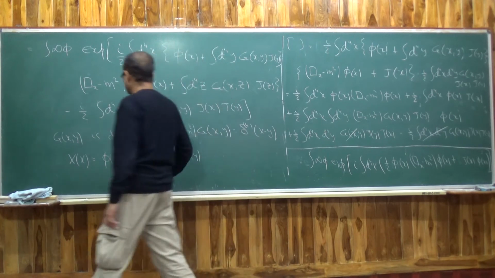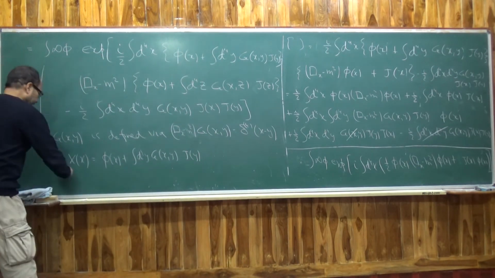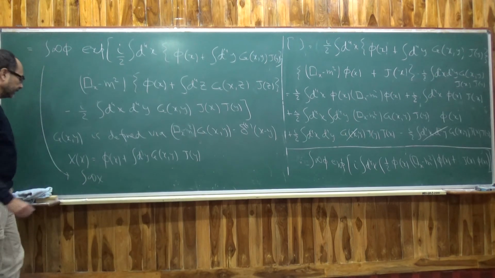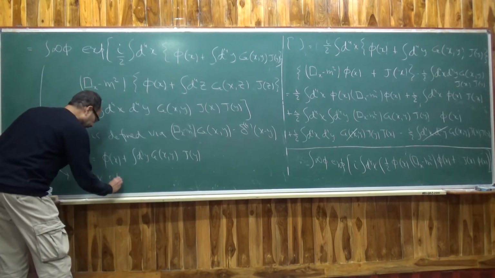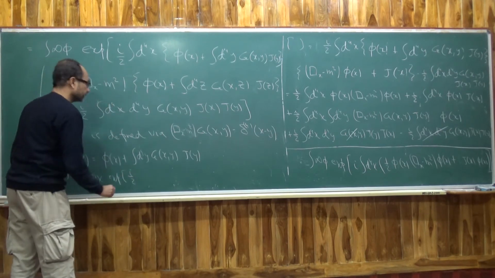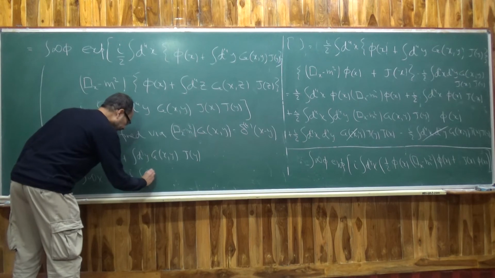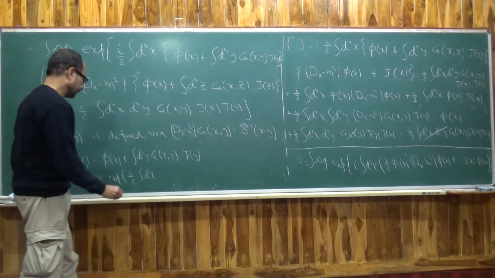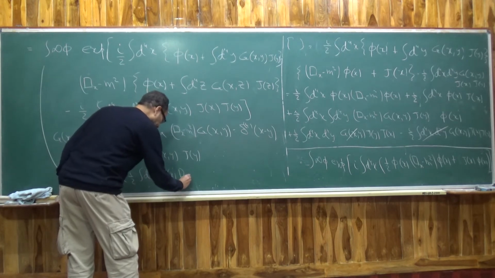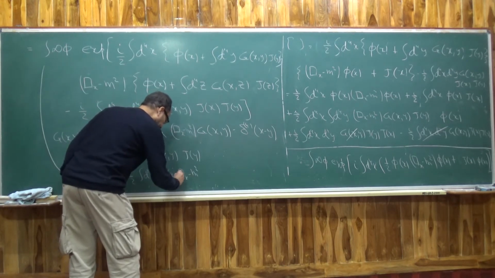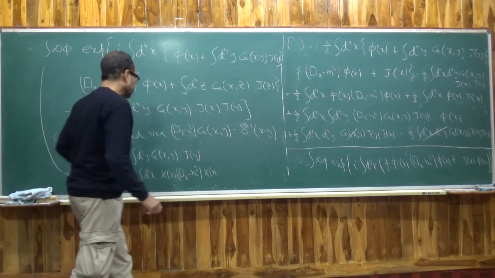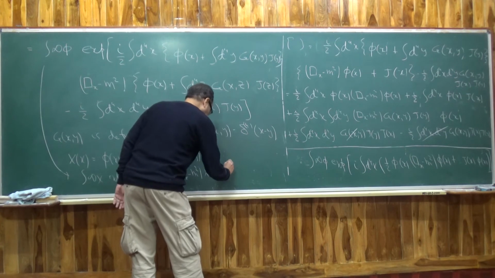So I can write the path integral now as integral d chi exponential i by 2 integral d4x chi of x box x minus m square chi of x, plus another term.